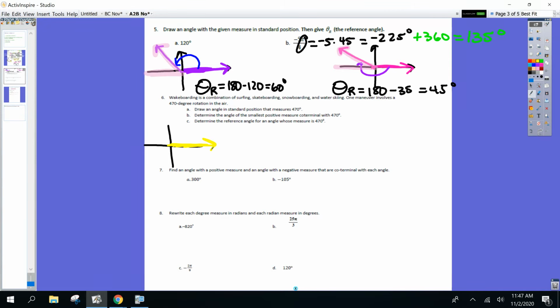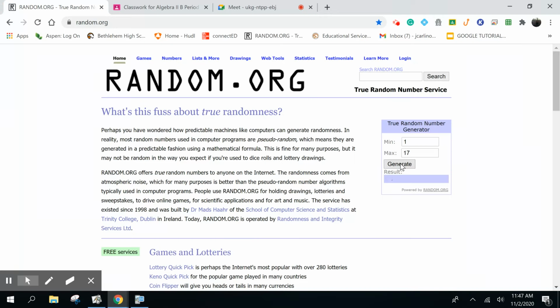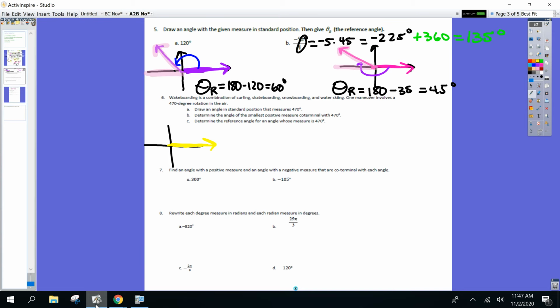How do I make 470 a little smaller? Subtract 360. Yep. If some of you are comfortable using 470 to find the quadrant, I'm okay with that. If some of you like it a little smaller, let's subtract 360. And now that ends up being 110 degrees.